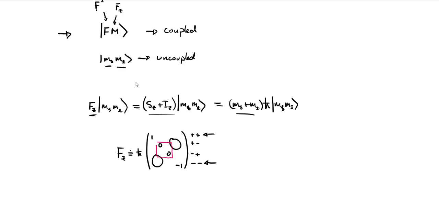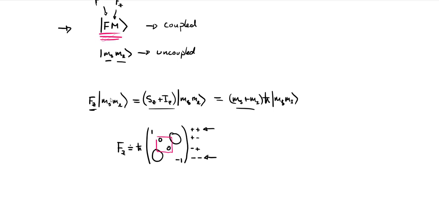That means any combination of those two states is also an eigenstate for this operator. So we need to somehow distinguish which two combinations of states are actually going to be the ones that make up the coupled basis we're trying to find.